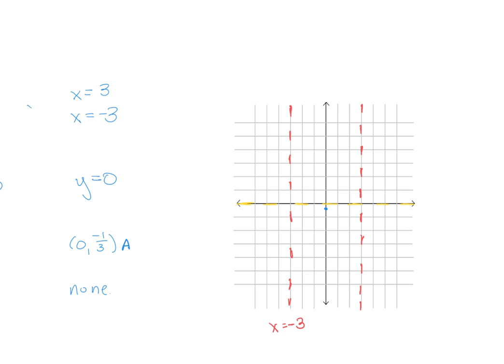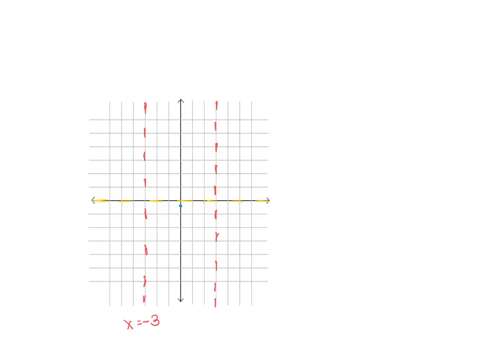All right, so let's go ahead and find some other points on this. When I look at my table, I'm going to try to pick the nicest ones here. When x is negative 2, y is negative 0.6. I also have that for positive 2, negative 0.6.